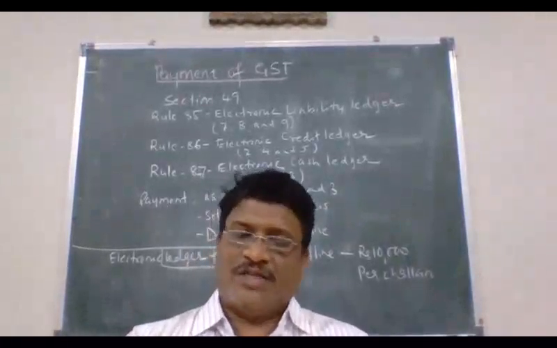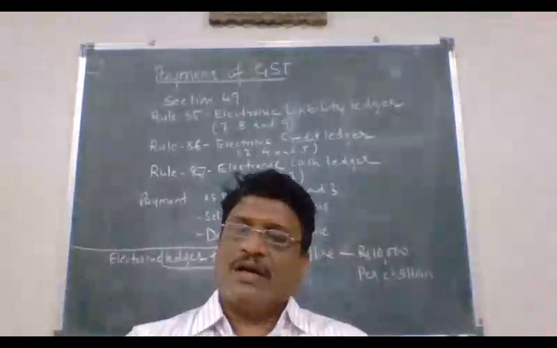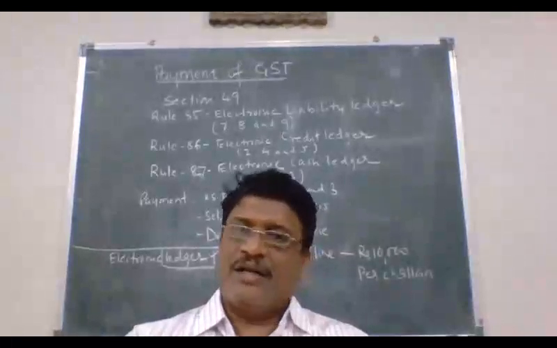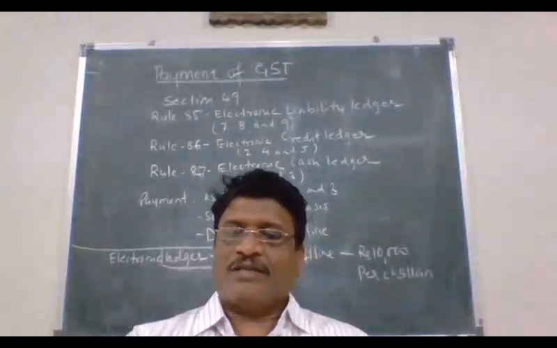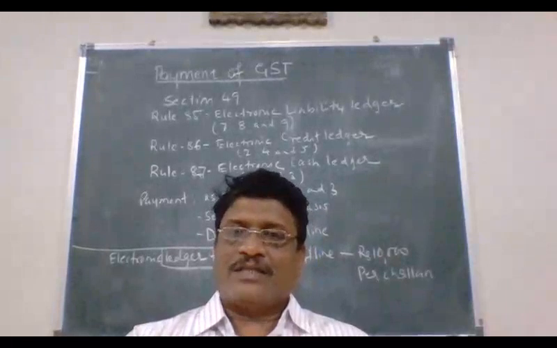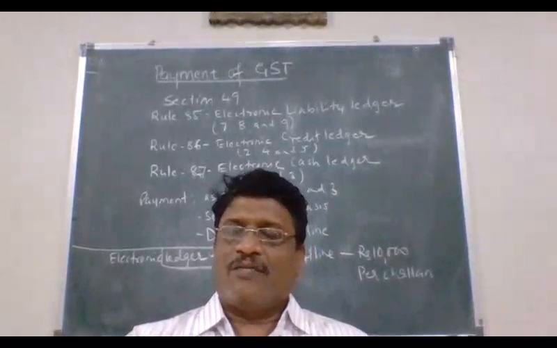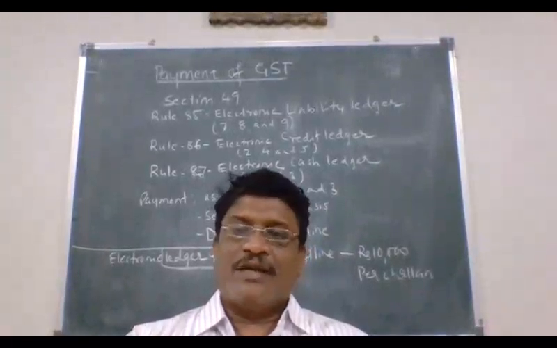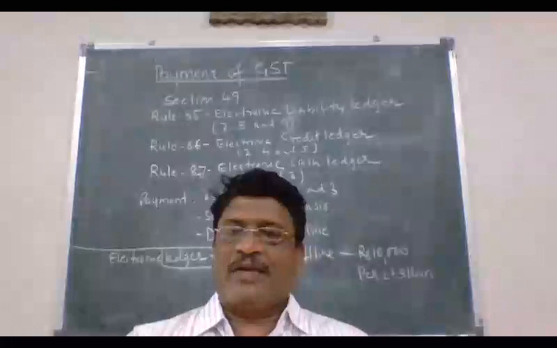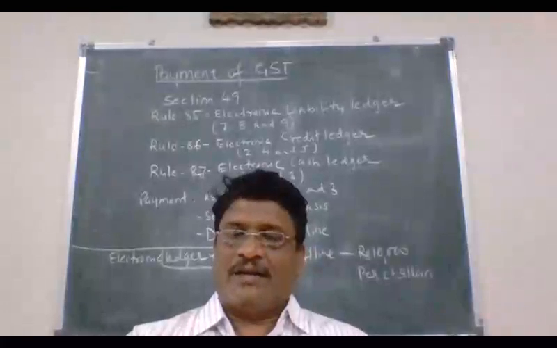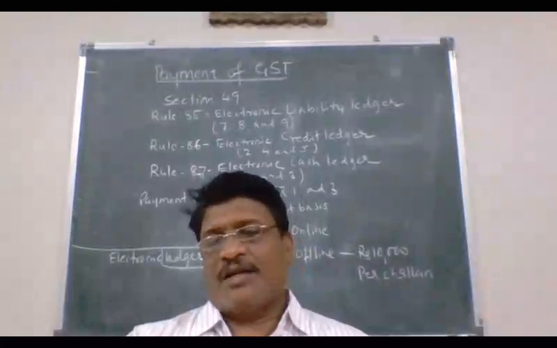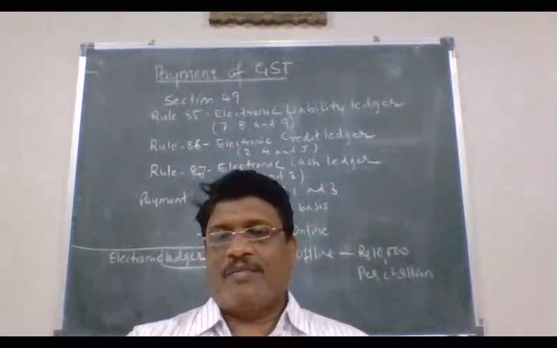In case of deficit, the amount is recovered from the registered dealer. So therefore, you can say the payment of GST is based upon the self-assessment made by the registered dealer.